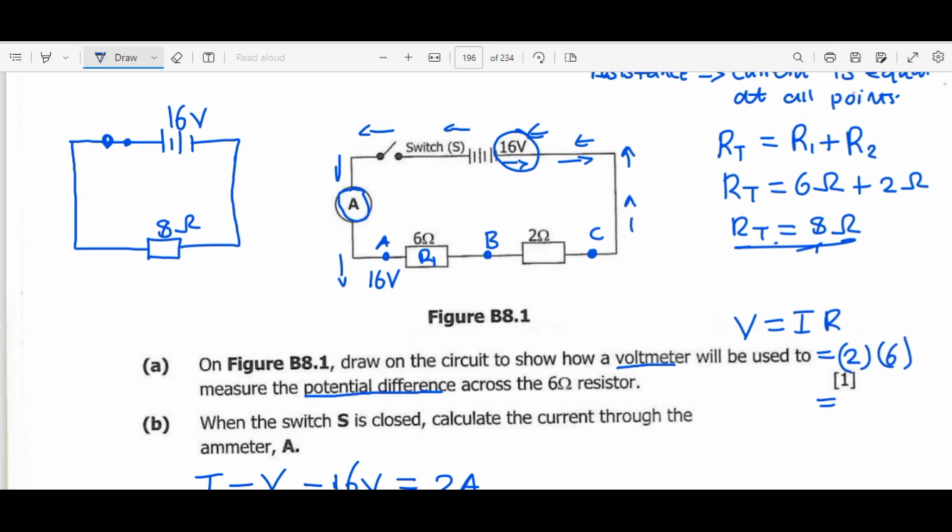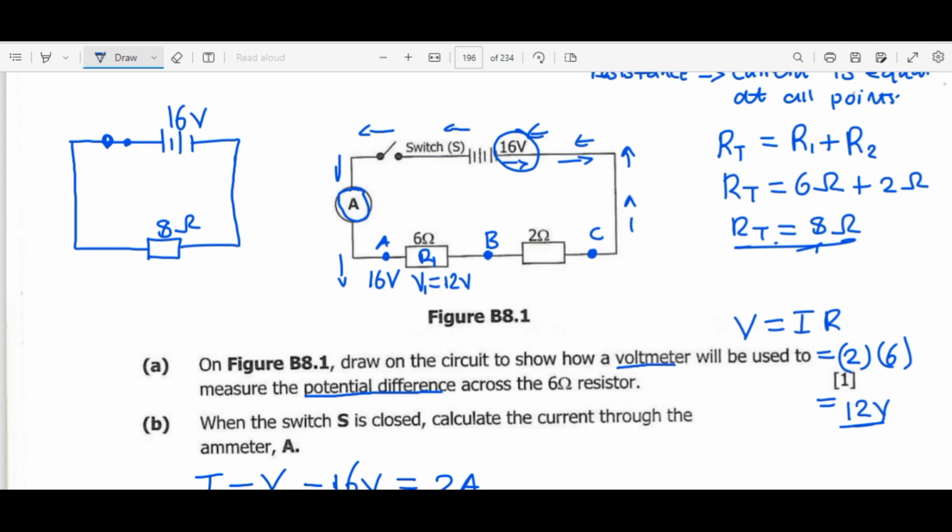So if we multiply 2 times 6, it gives us 12 volts. So from the 16 volts, 12 volts is used by the 6 ohms resistor, and we'll call this voltage 1. So we have found our answer, but let's look at how much voltage is at point B.